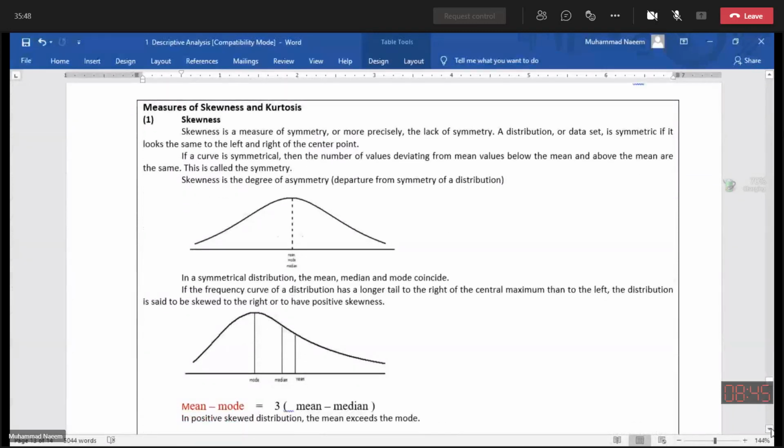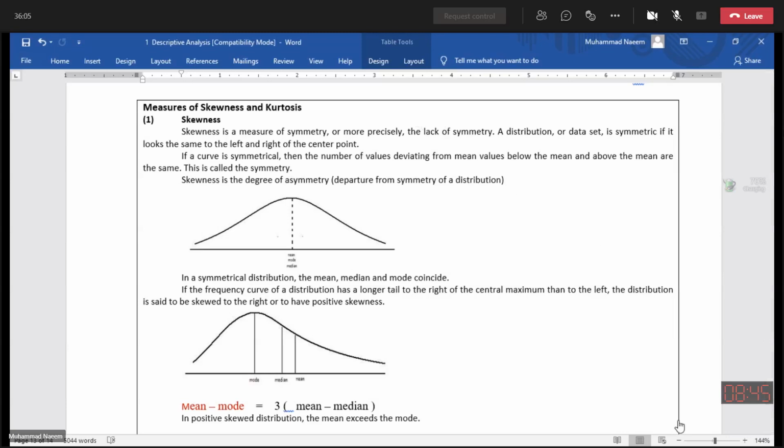Then we have skewness and kurtosis. That is again a descriptive analysis: how the distribution is.